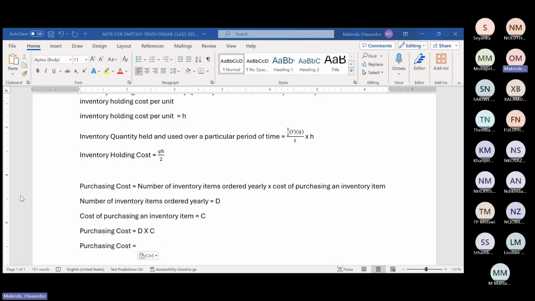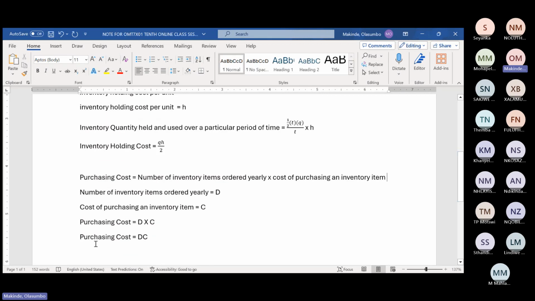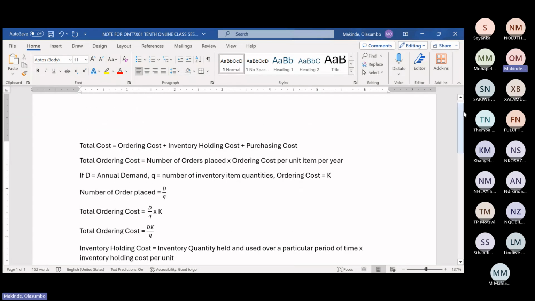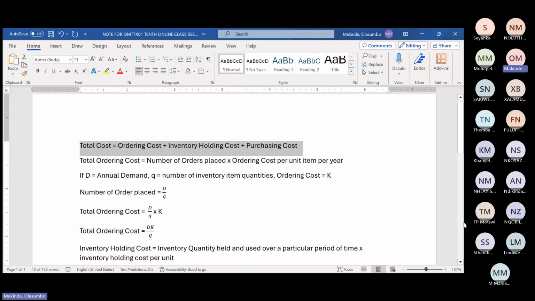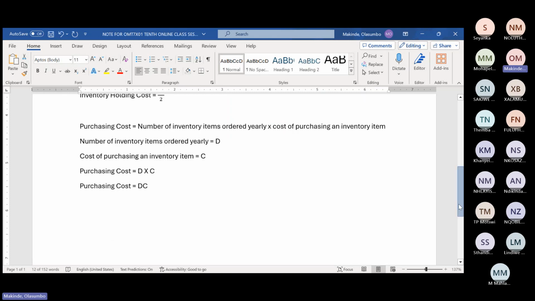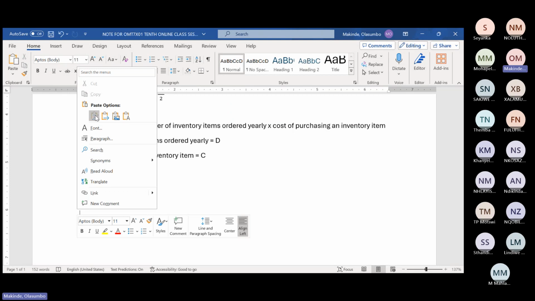When you go to the mathematical expression for the total cost, you see this will give you DC. If they ask you what is the mathematical expression for the purchasing cost, it is DC, and I'll give you options, so you must be able to select the right answer for the online test. I'm already telling you the possible questions you can have in that online test. It talks to all these steps. If you're not in class, I wonder how you get it right.